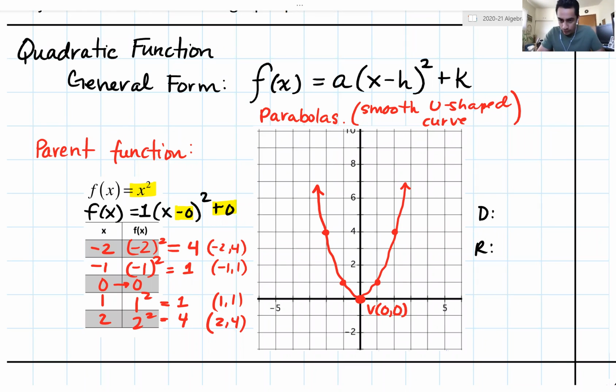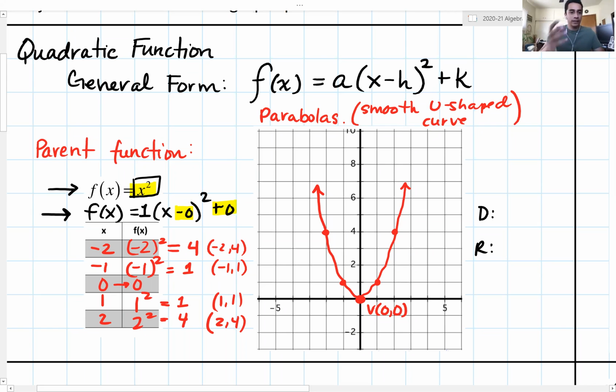I got a question. What does the f of x equal 1? Okay, so what I was trying to show you here is that the parent function x squared is the same thing as this one. Because I have a 0 for my h, I have a 0 for my k, right? So really, if I have a bunch of zeros there, I don't even need them, right? So if I wanted to rewrite it in a cleaner way, this would be the clean way to write it. It would just be x squared.